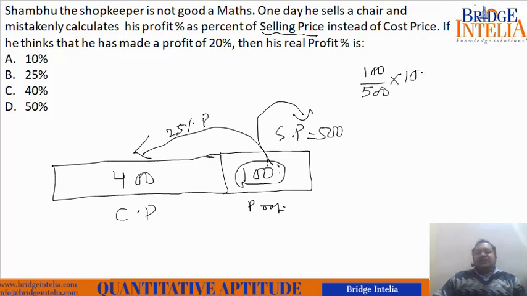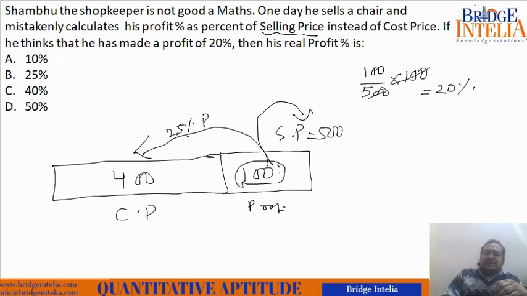And he would think that he has made a profit of only 20%. So the correct answer is 25%, but he would say that he has made a profit of only 20%. So this is the meaning of the question. This is what is happening here. A person who is supposed to calculate his profit based on cost price is doing it wrongly, calculating based on selling price.